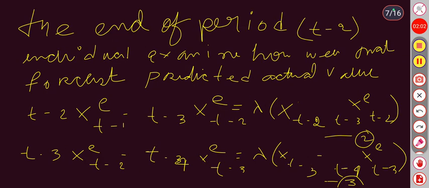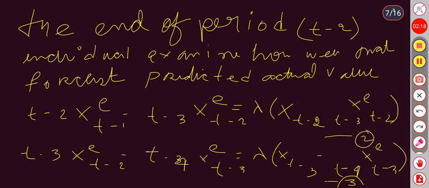So the t minus 1th period expectation depends upon t minus 2th period information, that individual examining how well that forecast predicted the actual value.